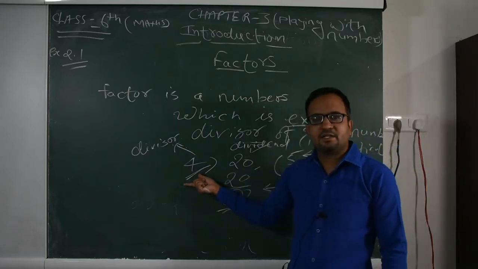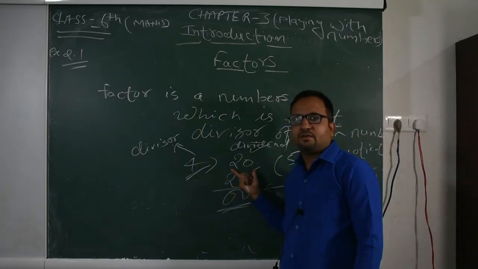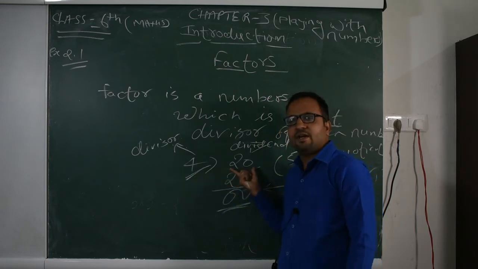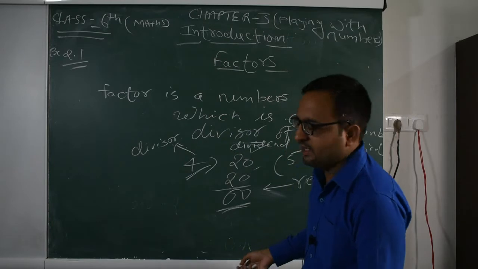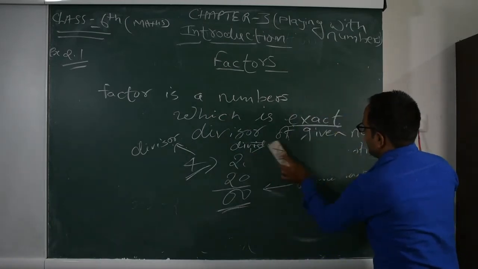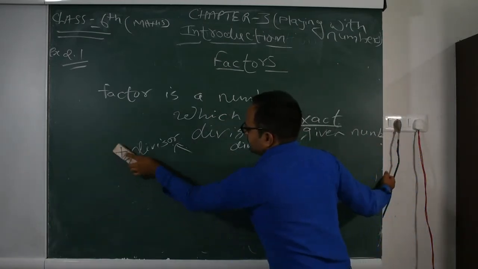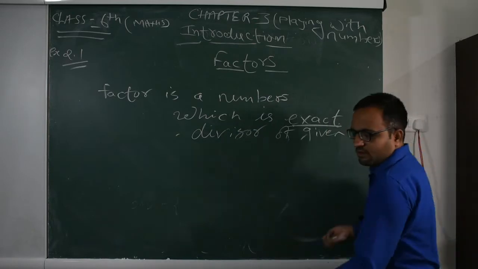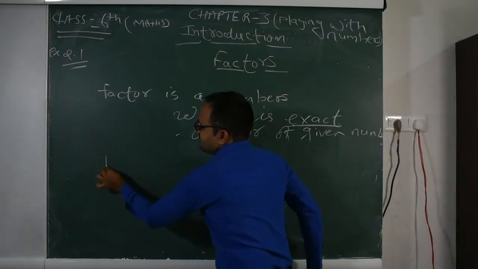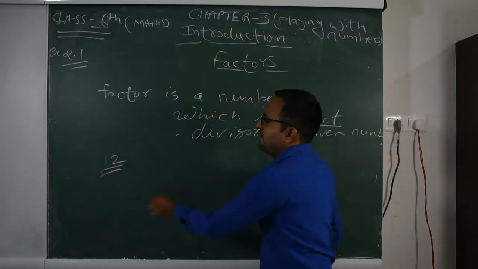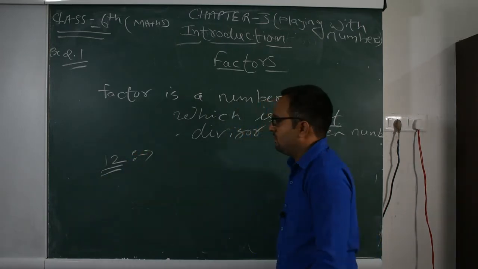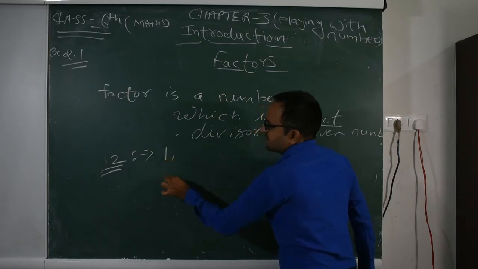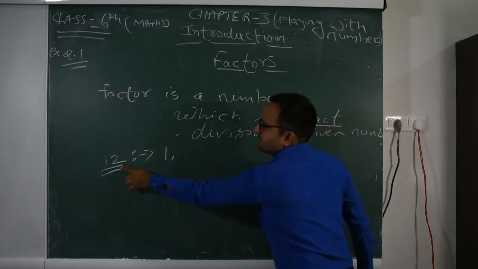So in this case 4 is a factor of 20. So this is the factor theory. For example, if you have a question like find the factors of 12. So 1 is a factor of 12.